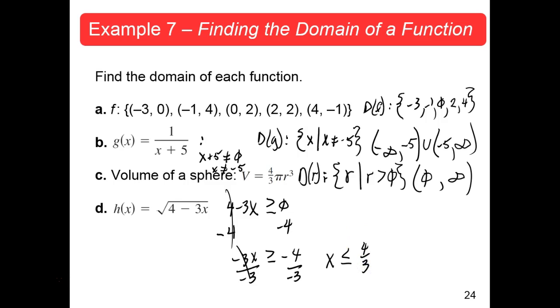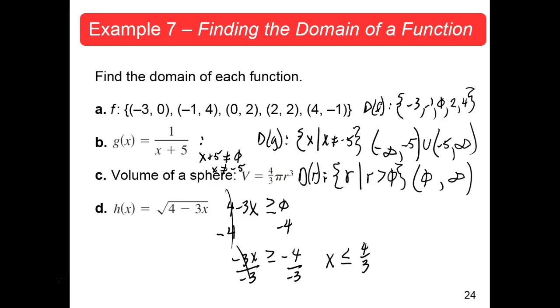It was greater than or equal to. Because when you multiply or divide by a negative number, which we did, you have to flip the direction of a directional inequality. You can add or subtract, positive or negative, doesn't change the inequality at all. You can multiply or divide by positive numbers, doesn't change the inequality at all.